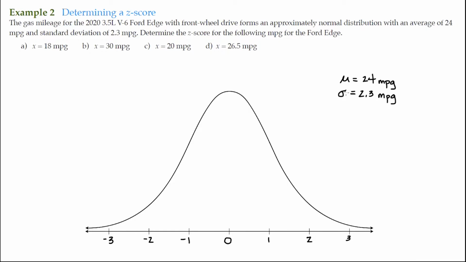I'm going to go ahead and put that in because I want this distribution to describe our scenario here. So again, here is our mean, 24 miles to the gallon. And then of course we just tag on one standard deviation of 2.3 miles per gallon for each increment up and take away 2.3 for each increment down from the mean.